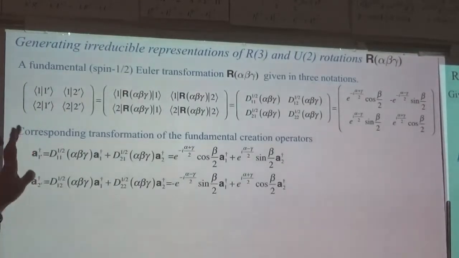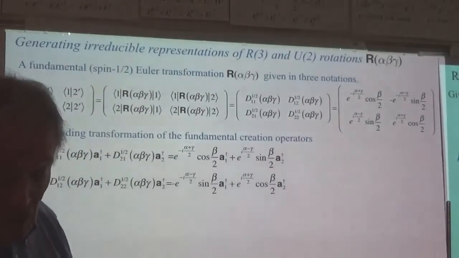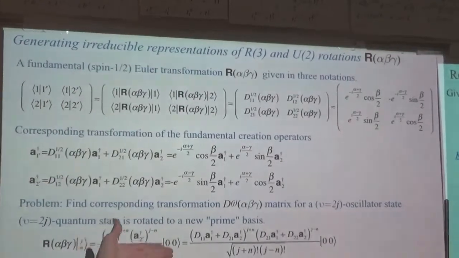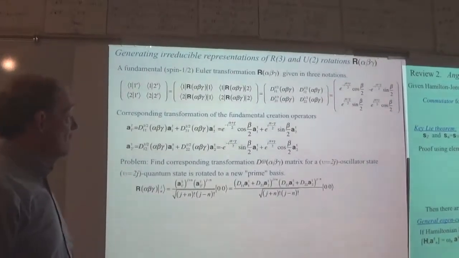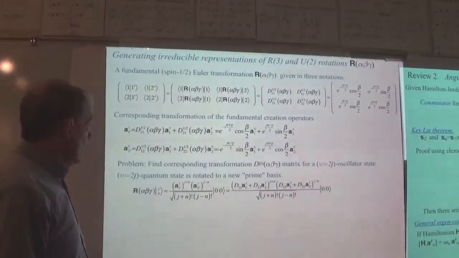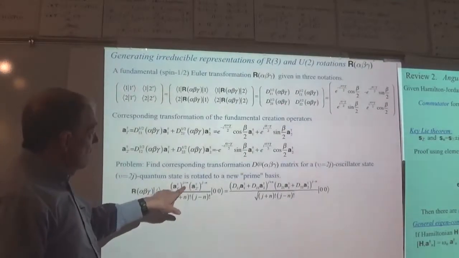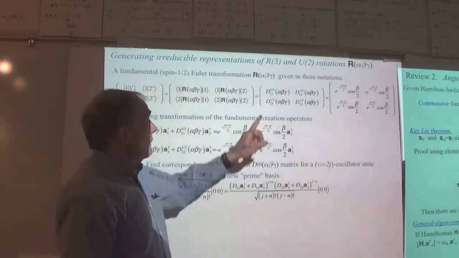This is what's going to be fed into basically a binomial formula that we'll derive. And that's what you would program if you want to program these D matrices. Here's the easiest way to do that. So what we have here are the creation operators primed, and each of those is an expansion like this one.